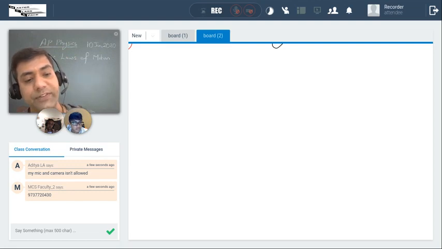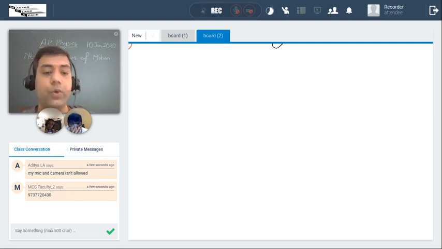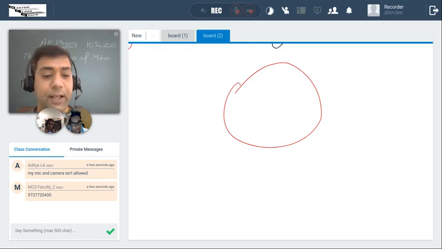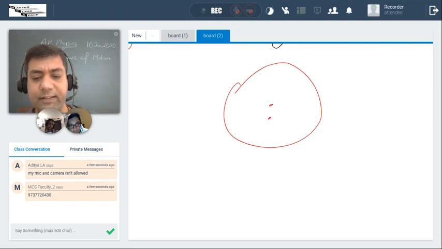Then you should have studied what is center of gravity and how to calculate it. Then you will see the difference. Gravity is the point. I will make you a diagram. It may happen that this is the center of gravity and this is the center of mass. It may happen. This is the center of gravity and this is the center of mass.